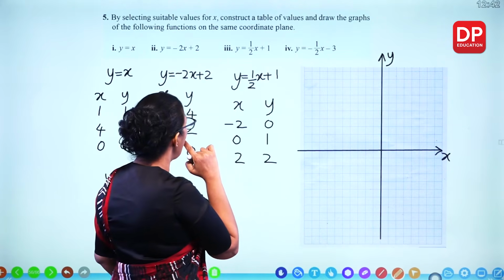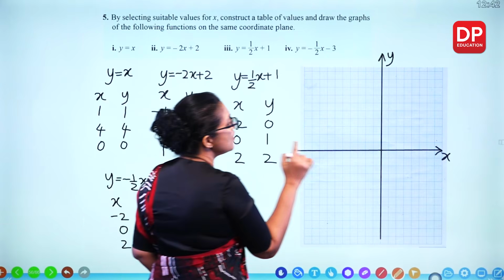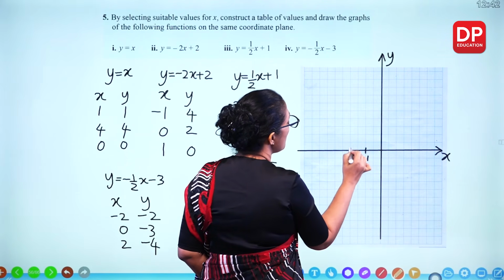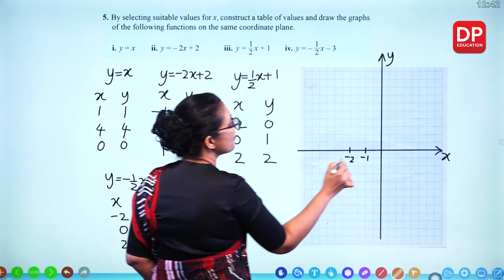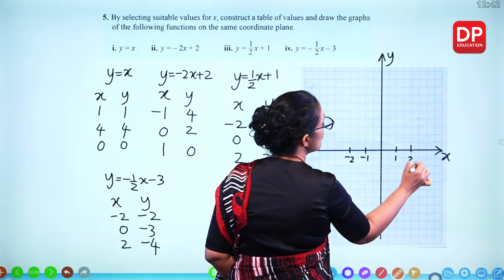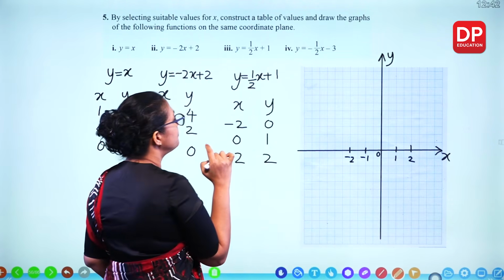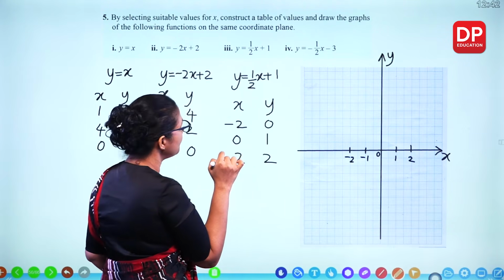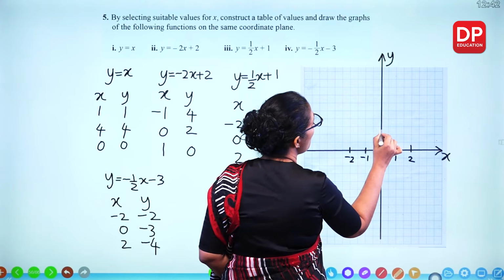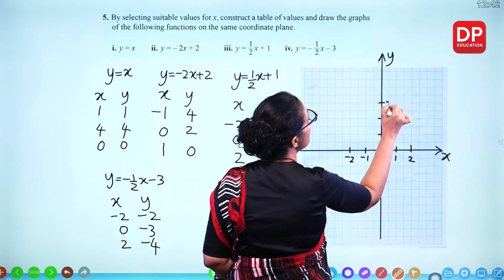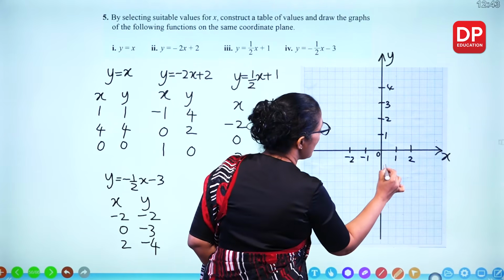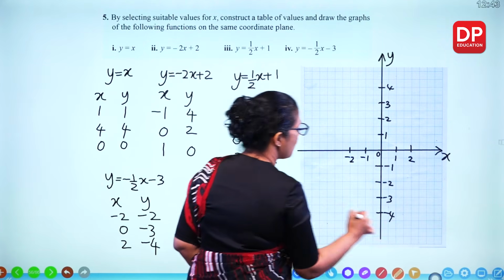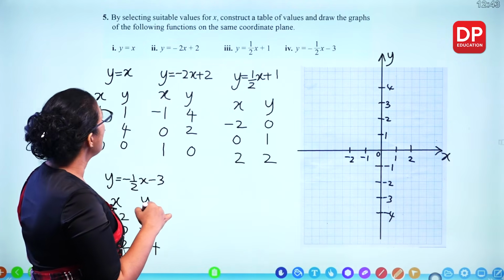Now, how many squares we can take? We'll take 2 squares 1 unit, 2 squares 1 unit, minus 1, minus 2. 1, 2. This is 0. Then y values up to 4. 4 and minus 4. 1, 2, 3, 4. Minus 1, 2, 3, 4. Now we'll mark the points.